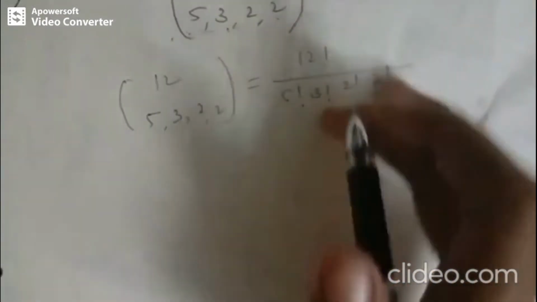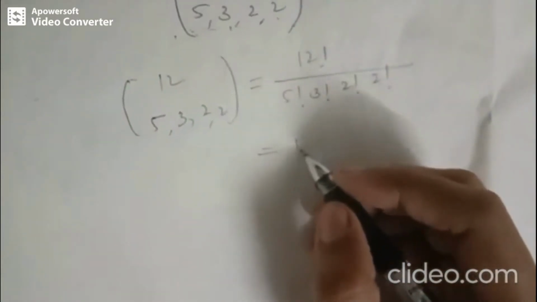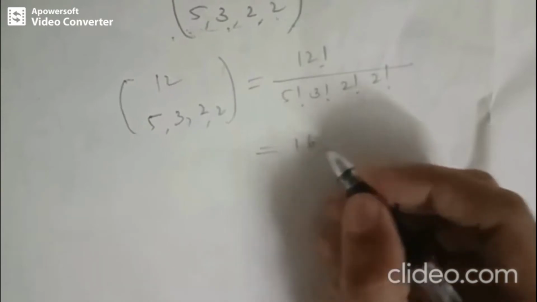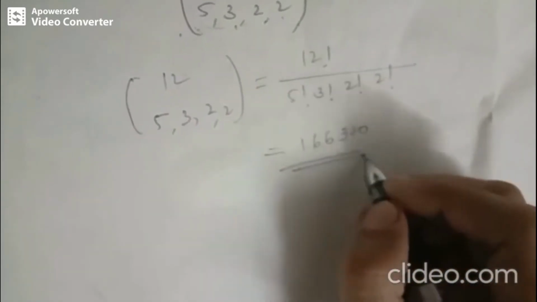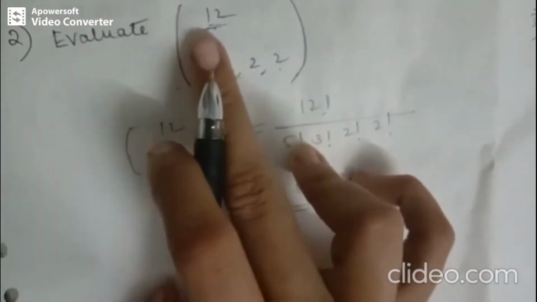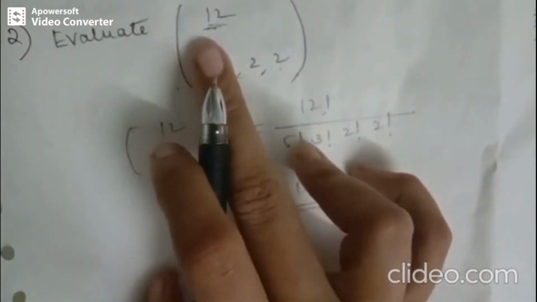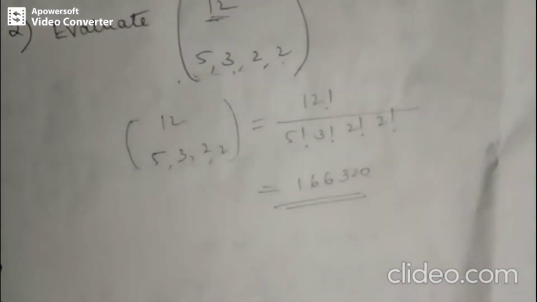We can write this directly, which sums to 1,66,320. Whenever you are given a multinomial theorem formula, you have to write it directly. We know that it is n factorial by n1 factorial into n2 factorial into n3 factorial, and so on up to nk factorial. We have already seen this formula.